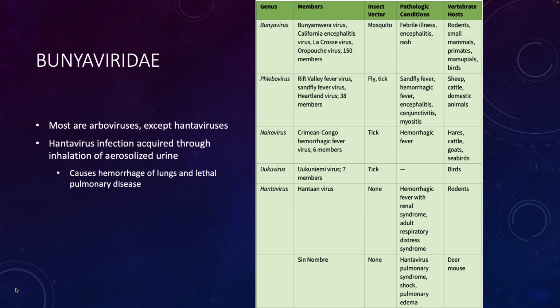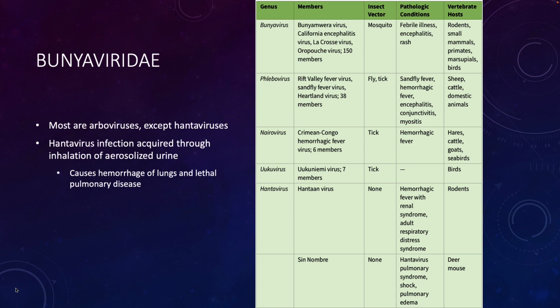So with the Bunyaviruses, most of them are arboviruses, with the exception of Hantavirus, or the Hantaviruses. On this chart, you can see some of the different Bunyaviruses, things like California encephalitis virus, Rift Valley fever, Crimean Congo hemorrhagic fever.